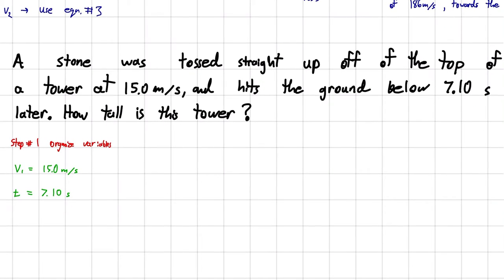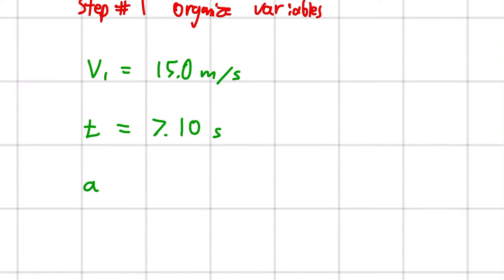And similar to previous questions that we've done, there's a third piece of information that's not explicitly given in the question, and that is the acceleration. It's a value you're going to have to memorize: as long as you are on planet Earth, the acceleration is minus 9.81 meters per second squared.